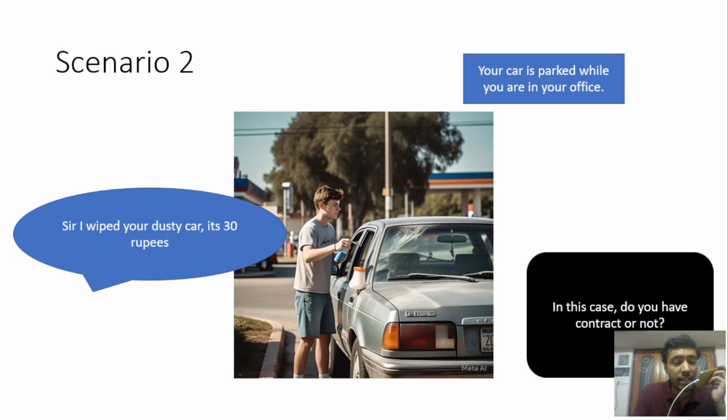Here we have to examine whether the essentials of a contract are completed. If they were, then you are in the contract, but if not, then you don't have any liability to pay him 30 rupees. So let's see in the next video what binds you in a contract and what makes a valid contract.